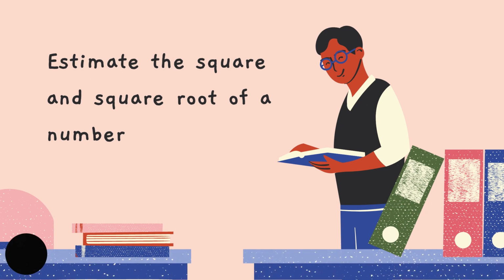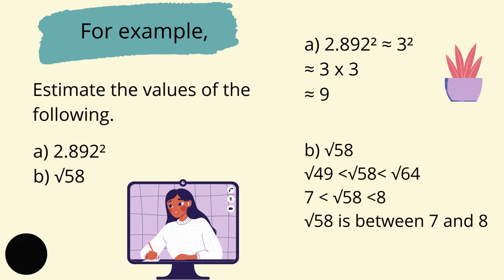Now let's learn how to estimate the square and square root of a number. For example, estimate the values of the following. A. 2.892 squared. 2.892 squared is approximately equal to 3 squared, because 2.8 is closer to 3 compared to 2.